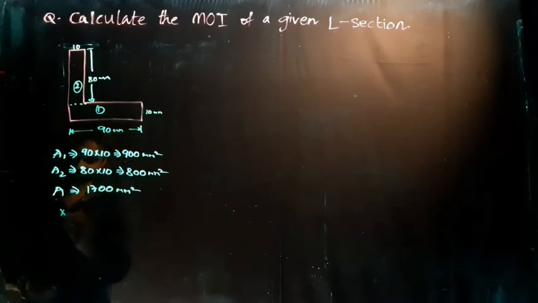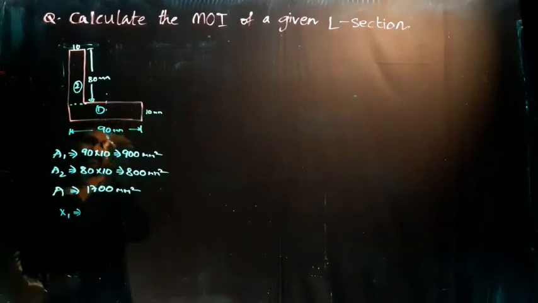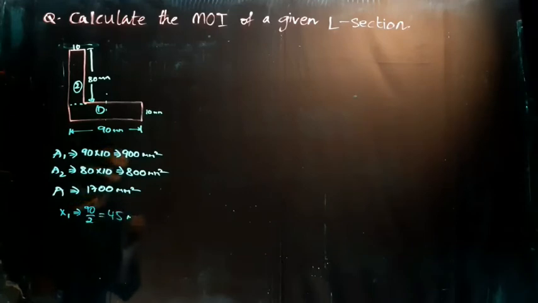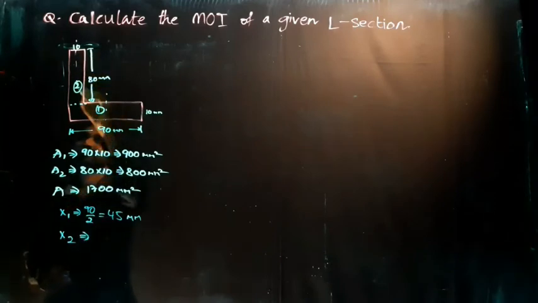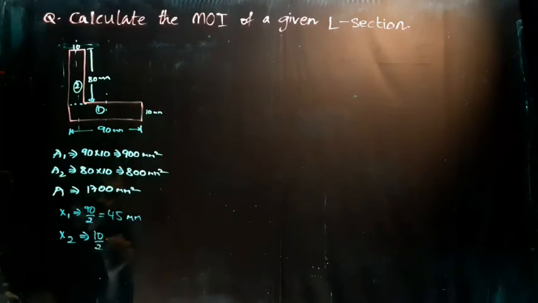Here x1 equal to, I have to cut this section at this point. X1 equal to 90 by 2, so this is equal to 45 mm. Similarly, x2, I have to cut for figure number 2, so this is 10 by 2, which is equal to 5 mm.